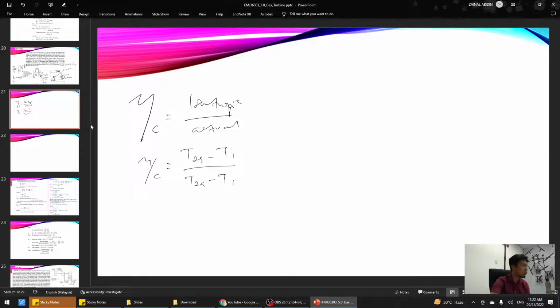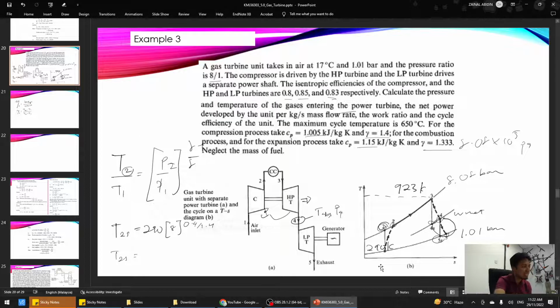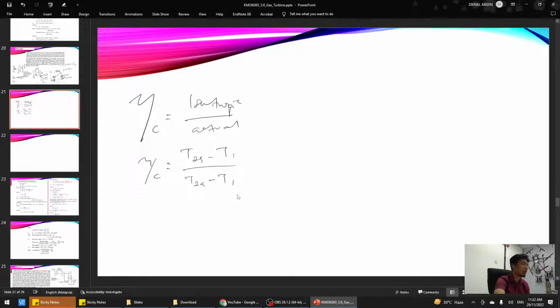Macam mana saya tahu T2S, T1, T2A? Saya depend on formula based on this graph lah. Sini T1, sini T1, sini T1, dan sentiasa positifkan dia. So kalau T2S higher temperature, T1 is lower temperature, so T2S tolak T1 lah. Saya tak boleh lah tulis T1 tolak T2S. Dia akan dapat negatif. So T2S minus T1, dan actual T2A minus T1.